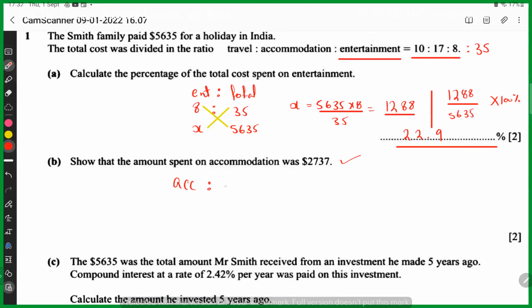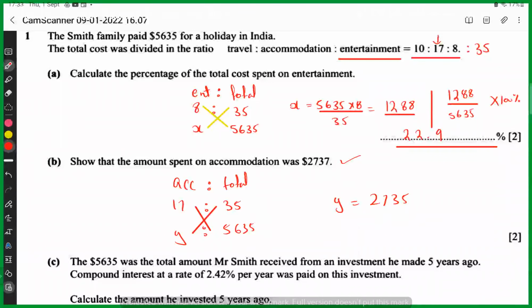Accommodation ratio total: 17 units for accommodation, 35 units for total. Total amount was 5635. This is y. Just cross multiply at this point, and this would give you y equals $2,735. Yes, very good, Taha.